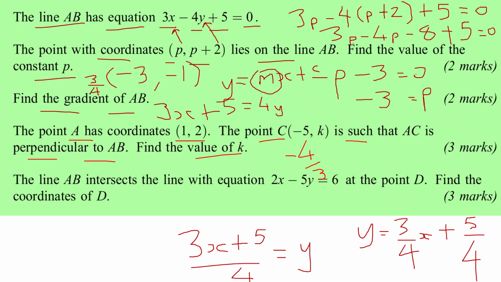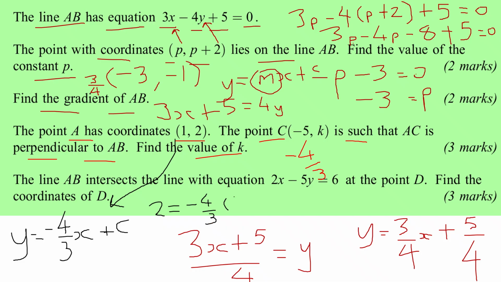Now I'm going to write it in the form y is equal to negative 4 thirds x plus c. Now, how can I work out my c value? Well, I can sub in the coordinates of A, because AC lies on that point. So y is 2, x is 1, so 2 is equal to negative 4 thirds times 1 plus c.